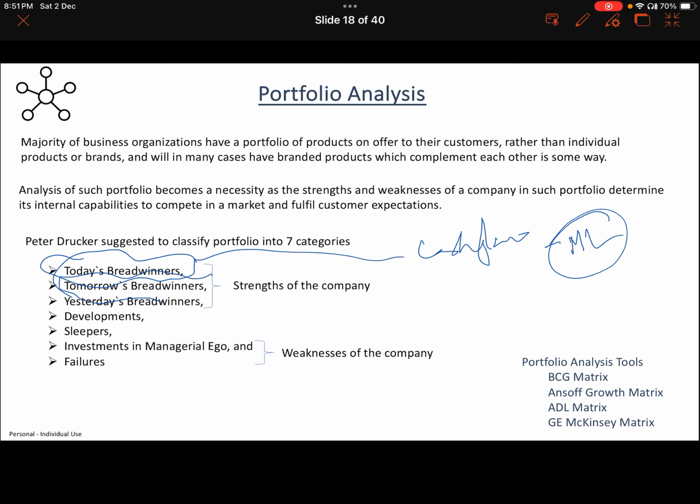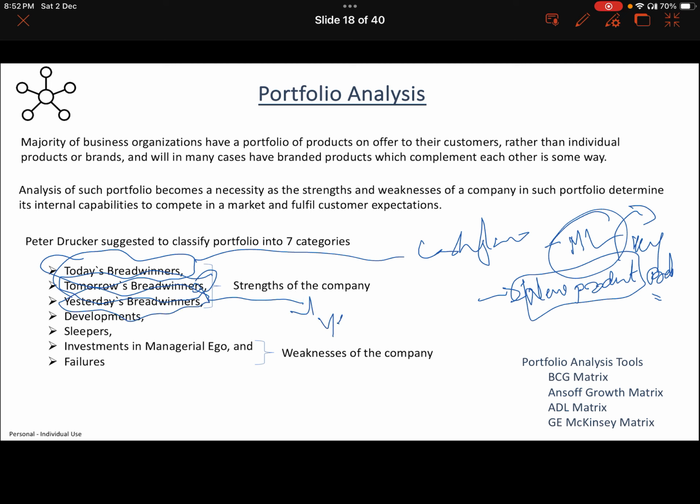Tomorrow's breadwinner: they have introduced one new product, but that is not earning today, but it has all the potential of becoming a key product in future and it will become tomorrow's breadwinner. The third one is yesterday's breadwinner. Why is this a strength? Like Maruti Alto, it was yesterday's breadwinner for them.